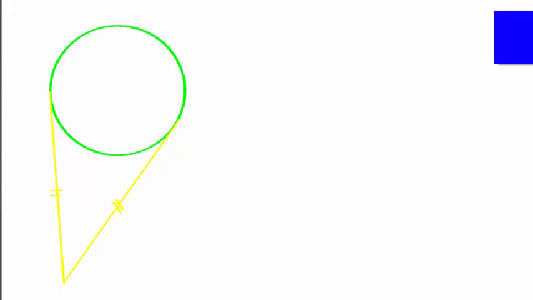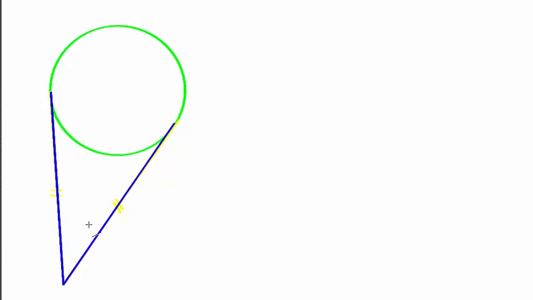Okay, if I have two tangent lines from the same point, touching on different parts, then the two tangent lines are equal.